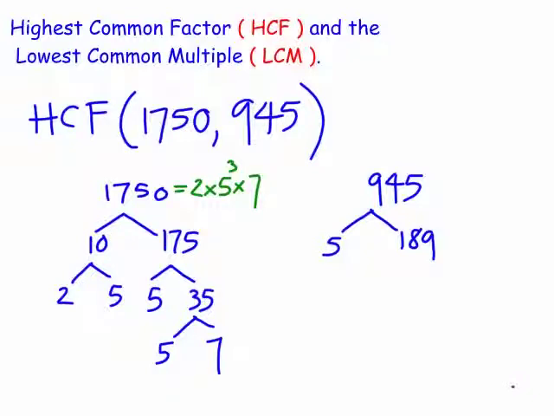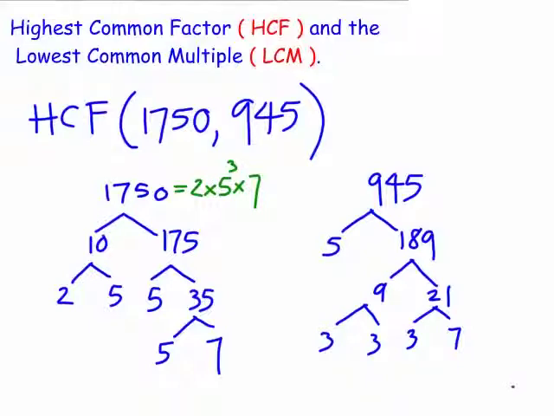So 9 will go into that. In fact, it goes 21 times, and obviously 21 is 3 times 7, but remember 9, we have to keep on going 3 times 3. So what is the prime factorization of 945? Well, you can see here it's 3 cubed times 5 times 7.